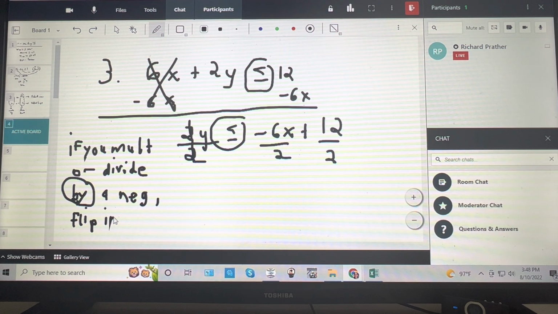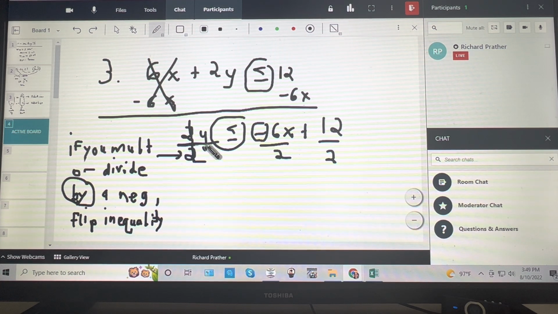And that is very important, because otherwise you'll shade the wrong way. Or if you do it when you're not supposed to, that will mess it up too. So it's not if you just see a negative somewhere in a division that you flip it. It's if you divide or multiply by a negative.